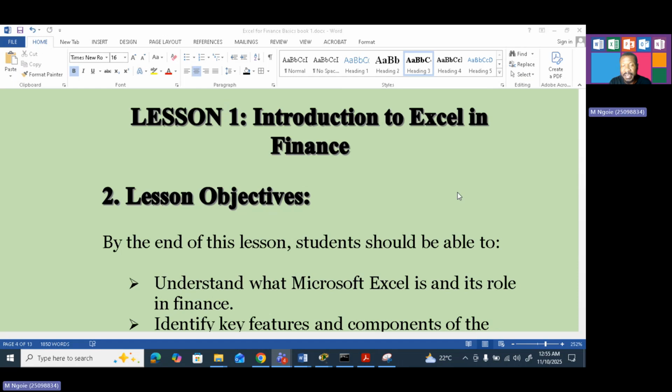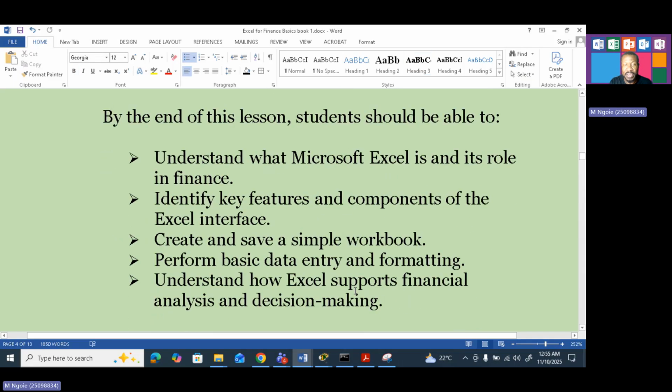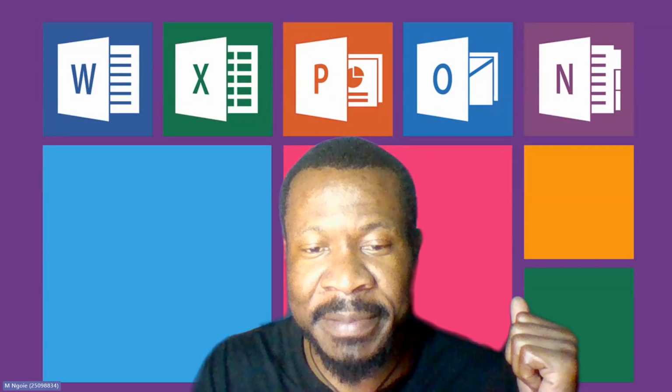By the end of this lesson, students should be able to understand what Microsoft Excel is, identify key features and components of the Excel interface, create and save a simple workbook, perform basic data entry and formatting, and understand how Excel supports financial analysis and decision making, right?